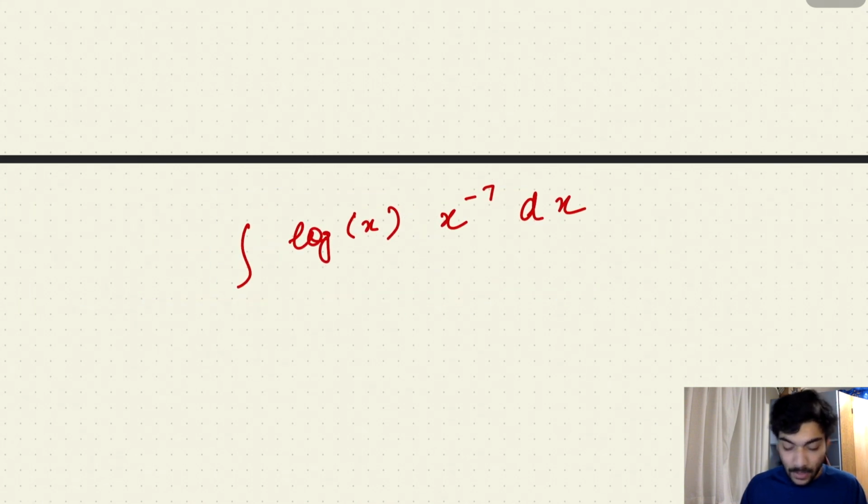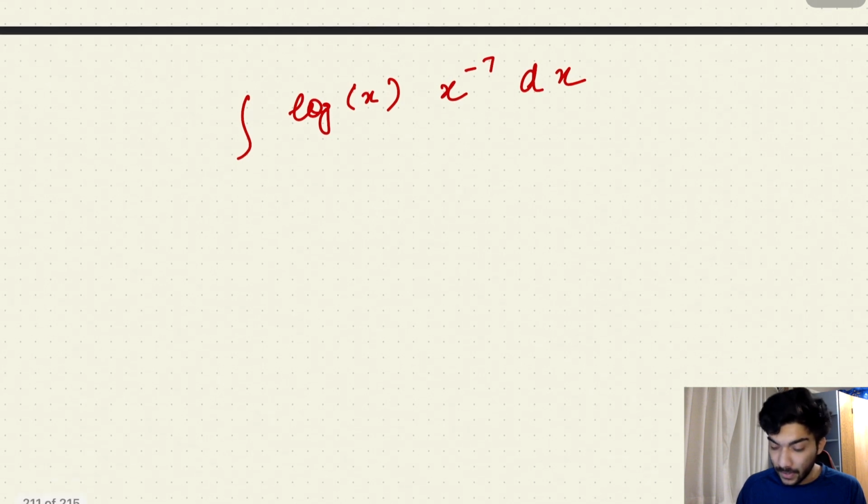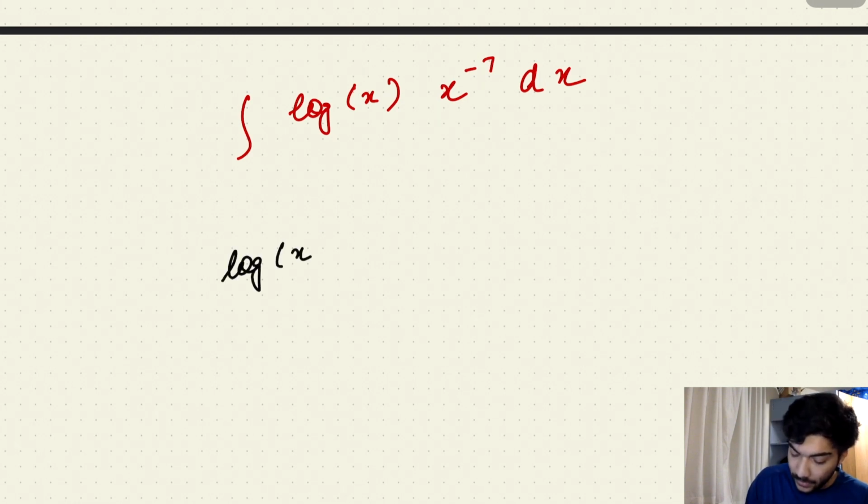So we have identified our first function and the second function. Now let's calculate this integral using integration by parts in this case, right? So again, in order to solve that, we will take the first function as it is.